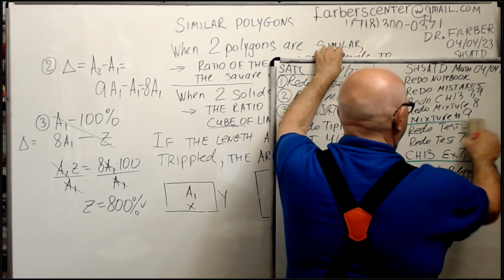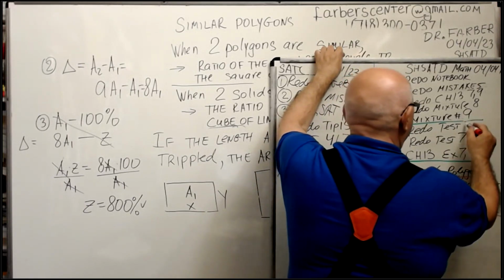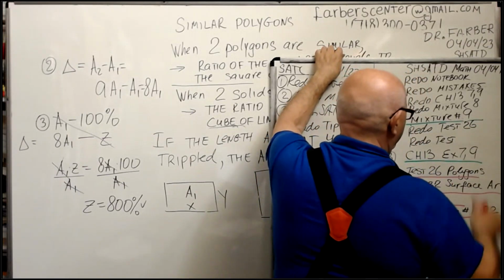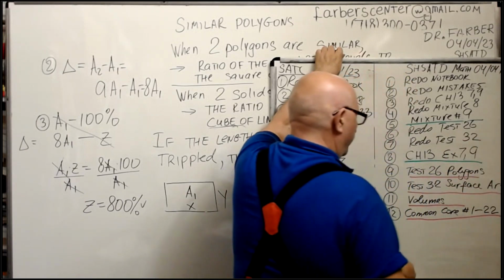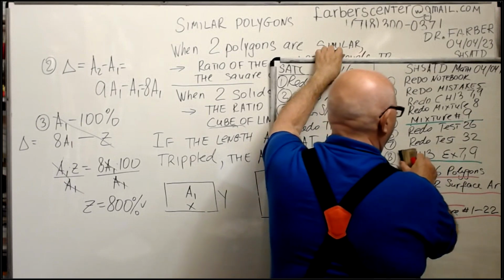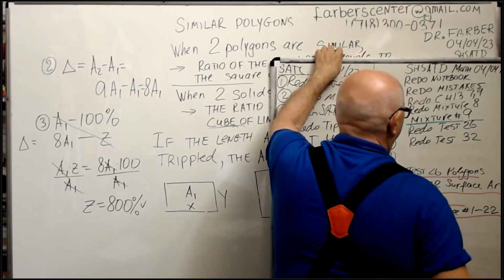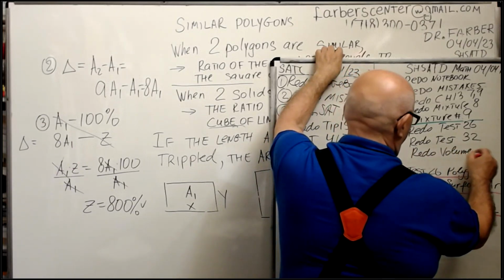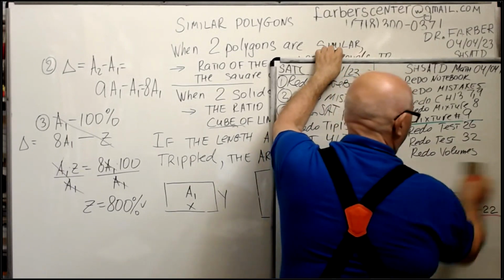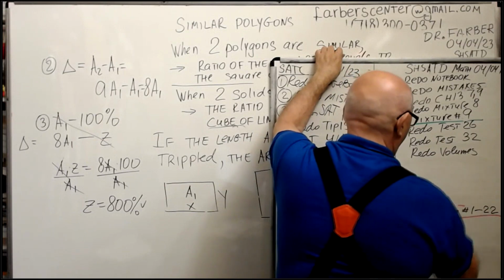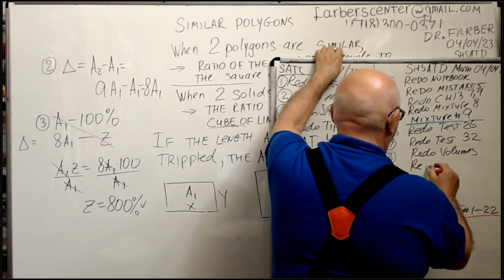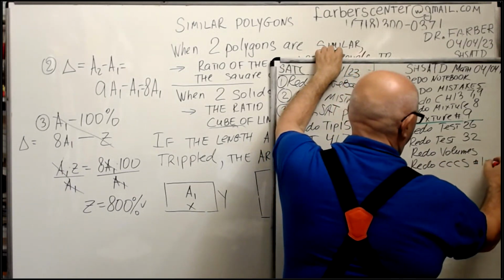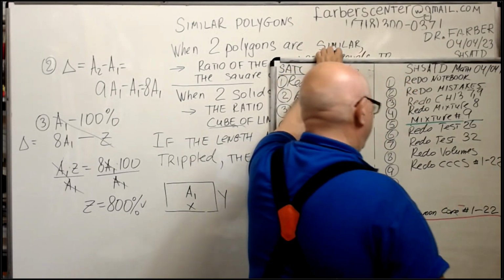You do test 26, polygons, 32 surface area, redo volumes, redo common core curriculum standards from 1 to 22. What are you supposed to do at home?